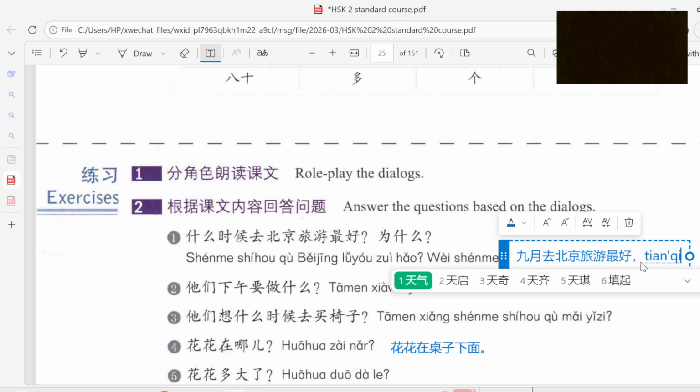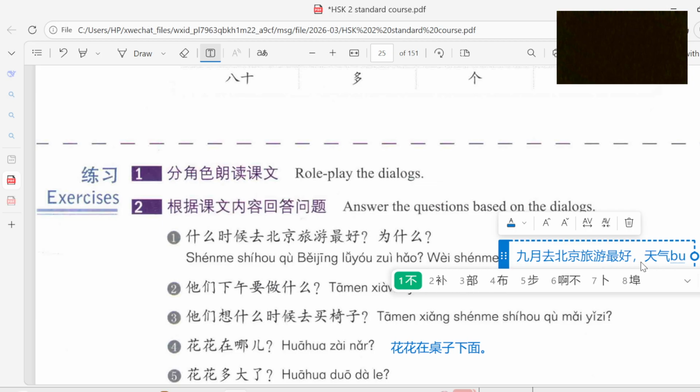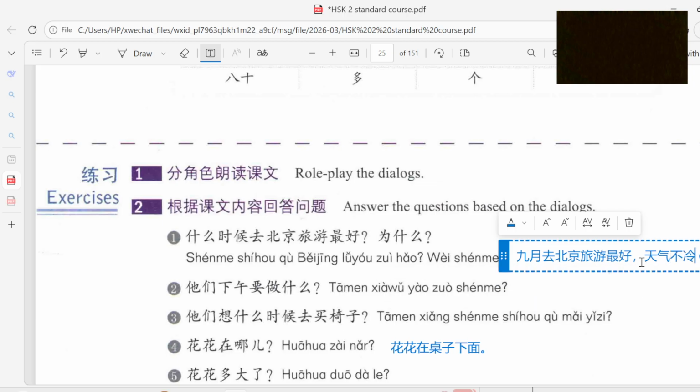Weather. If you're wondering where I'm getting the answers, they are already in the dialogues that we learned. So if you really learn the dialogue and took time to revise, then the answers are there. Everything is there. 天气不冷也不热 is a very simple answer for this question.